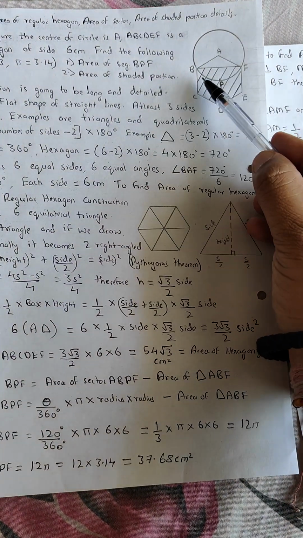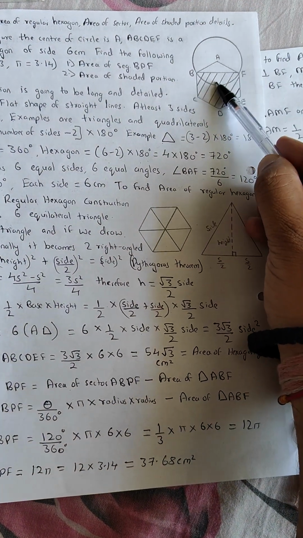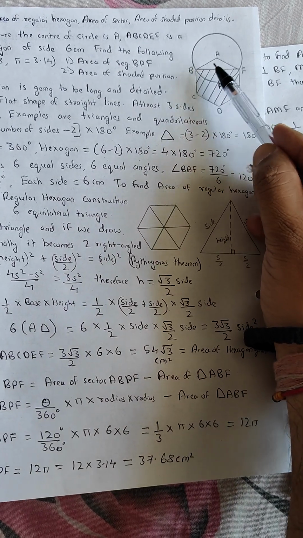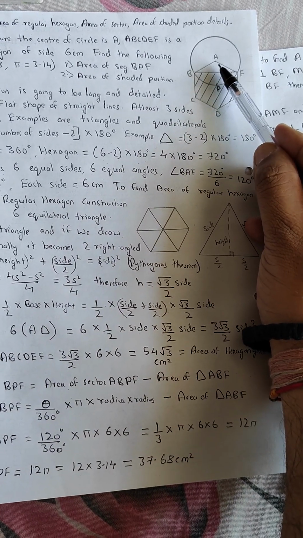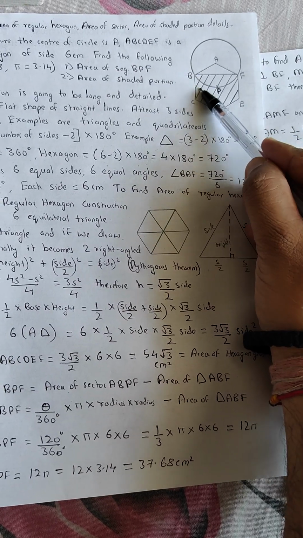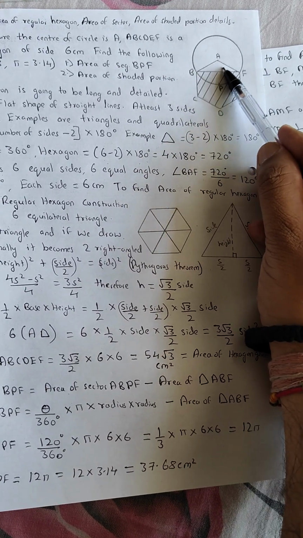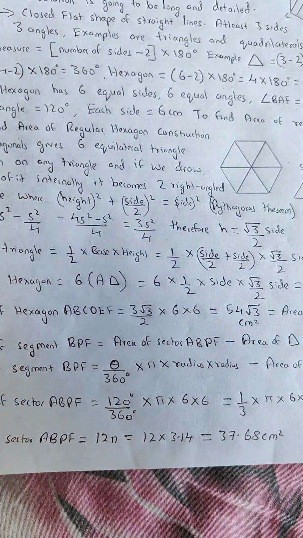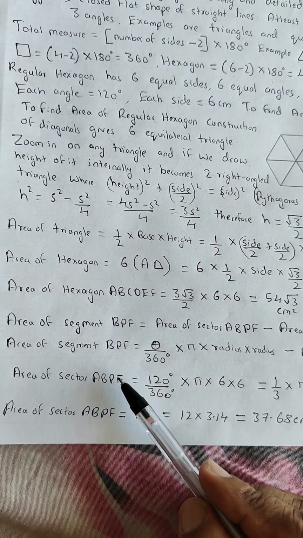You have to calculate this whole sector area, and you have to subtract area of triangle ABF from it, and you will be getting area of segment BPF. Now moving further, area of sector ABPF.